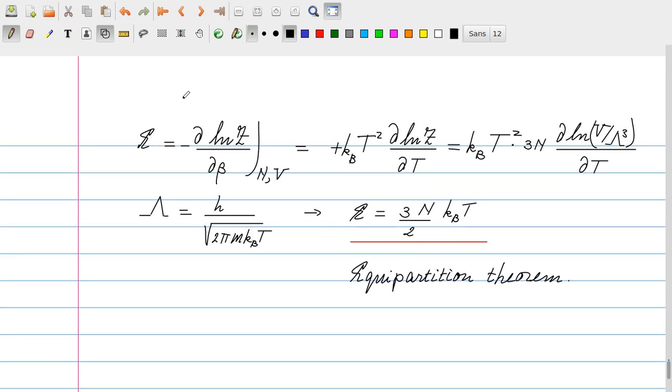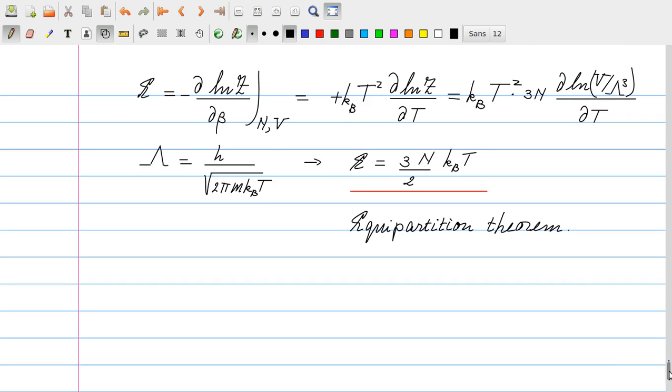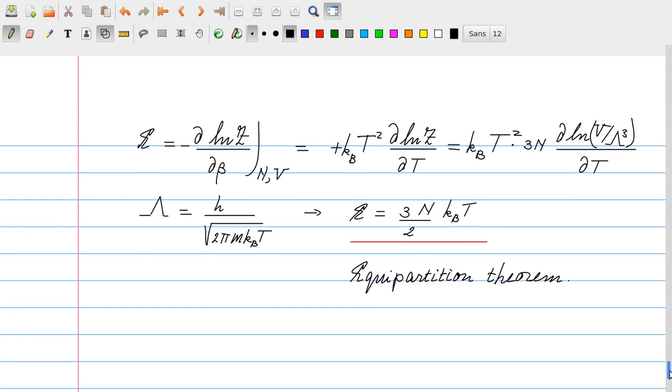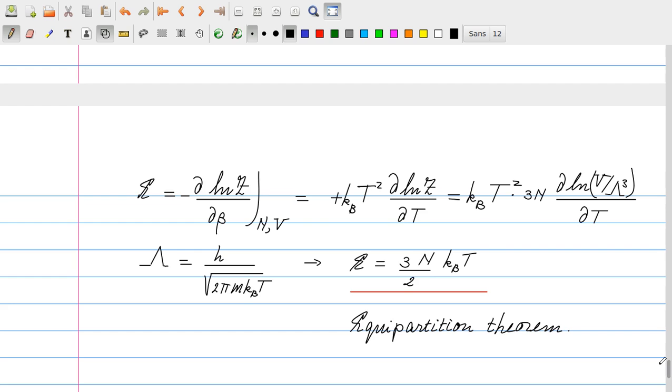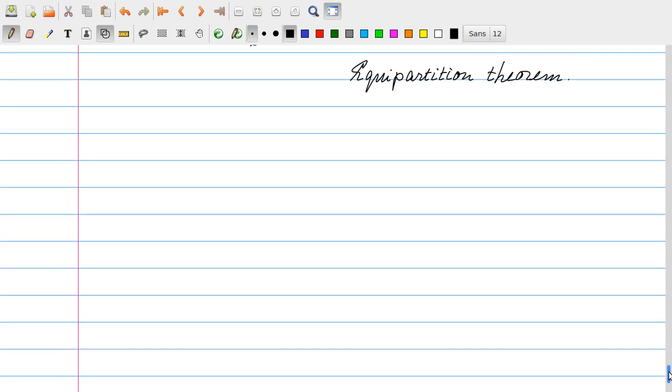So that concludes the discussion of the canonical ensemble. So I guess what you need to recall is the fact that the canonical ensemble has this Boltzmann factor e to the power minus beta E_r, and a central quantity that we always want to calculate is this partition function, the sum of e to the power minus beta E_r.